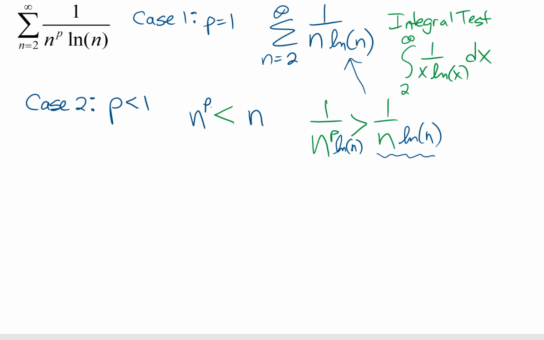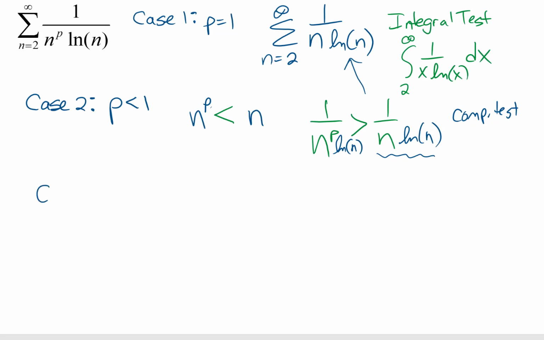However, if in case 1 you found out it diverged, then this right-hand side diverges, and the one we're trying to test is greater than it, so it must diverge as well by the comparison test. So you're going to use a comparison test on this, either the straight up comparison test or the limit comparison test, to find out if case 2 converges or diverges.